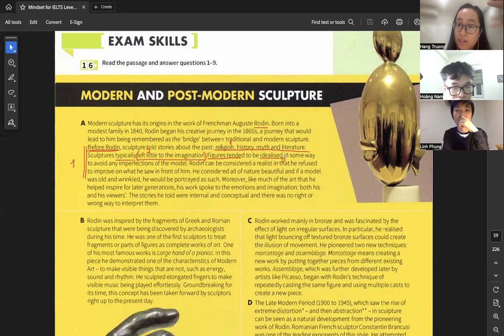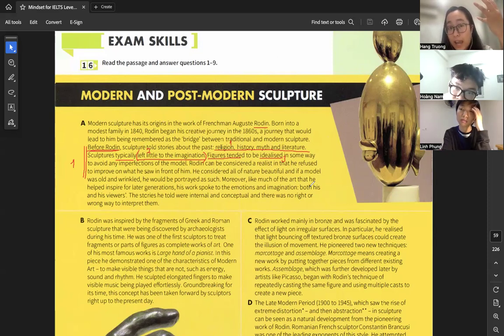Idealized, what does it mean, Khoa? Idealize, I think is more like imaginations. Exactly. So ideal means lý tưởng, right? It's the idea of a perfect product that people have in their head.